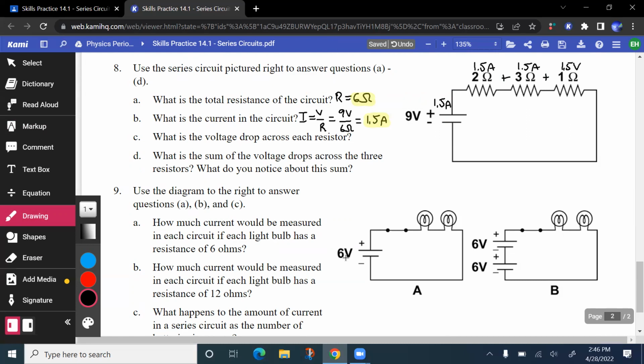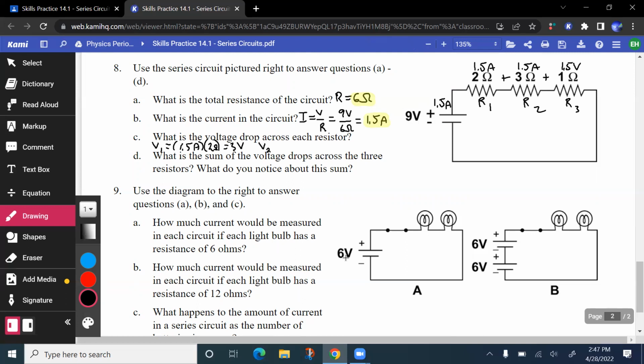Okay, so what's the voltage drop across each resistor? Well, you have 3 different resistors, so you have to calculate it 3 times. So I'm going to call this resistor 1, resistor 2, and resistor 3. So the voltage drop on 1 is going to be 1.5 amps times 2 ohms, which would be 3 volts.